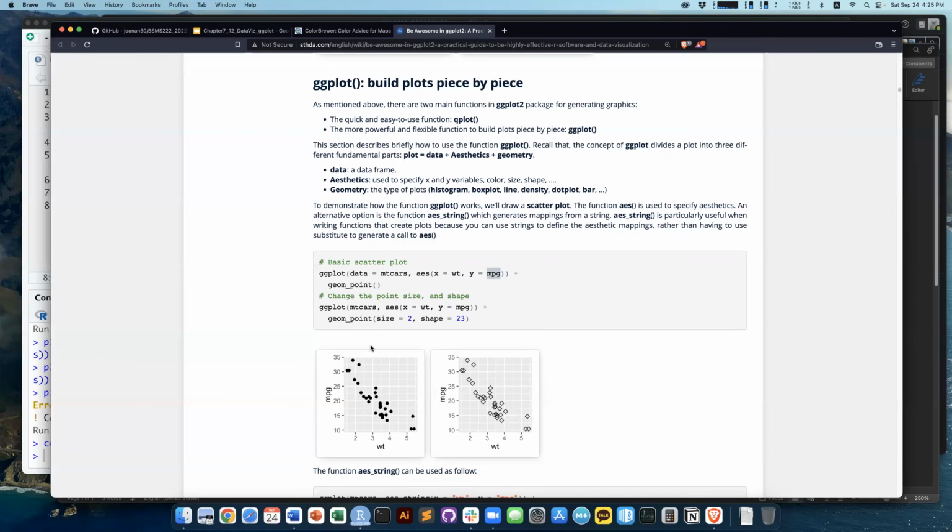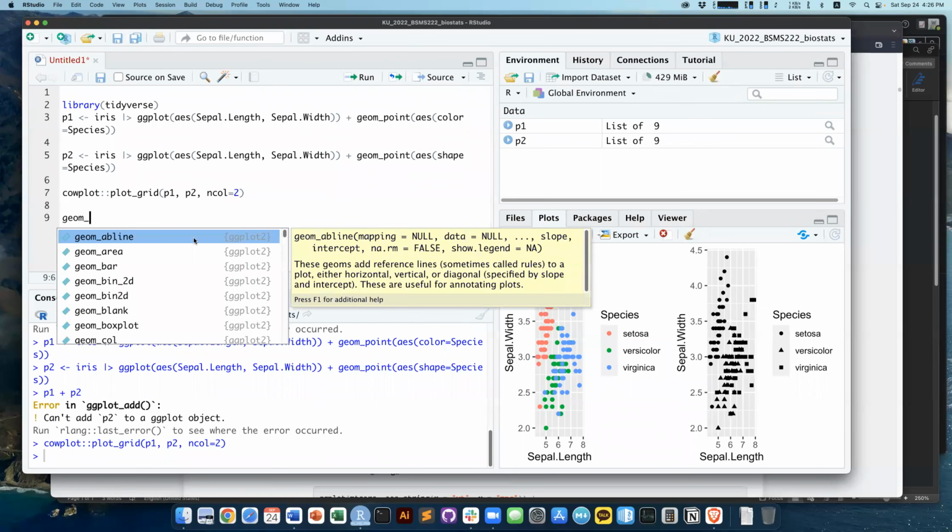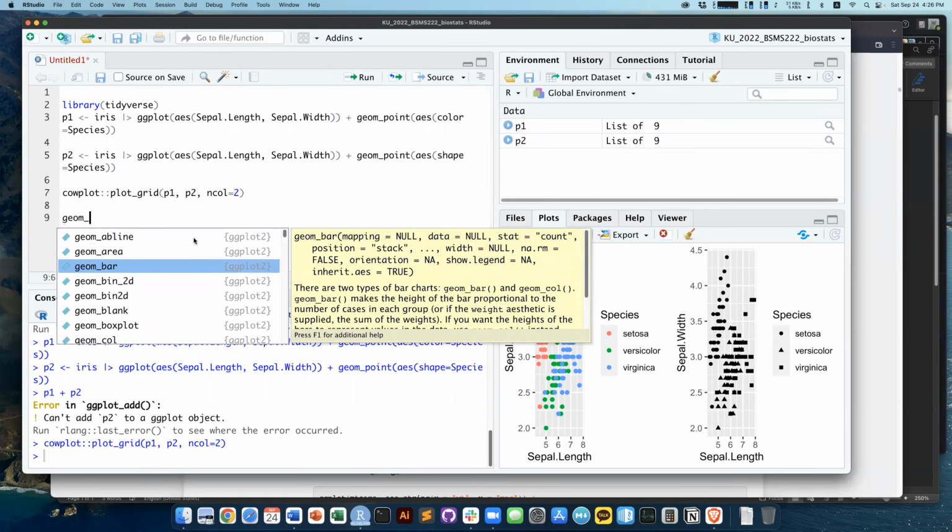Then once you get that information, you have to choose the plot type. In this case, we use the geom point, right? We want to use the point plot. If you want to use a point plot, then you say geom underscore point. All the ggplot plot types follow these rules: geom underscore something, right? So let's say geom underscore, then how many plots can we use? Geom bar is a bar plot.